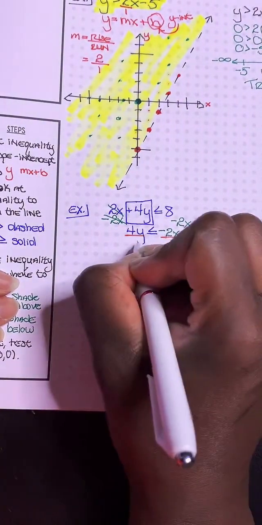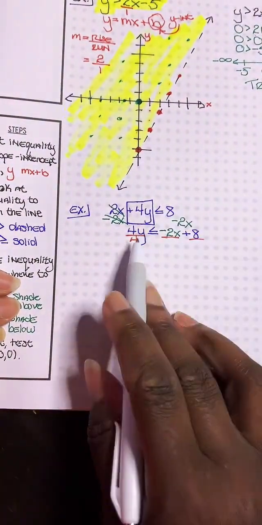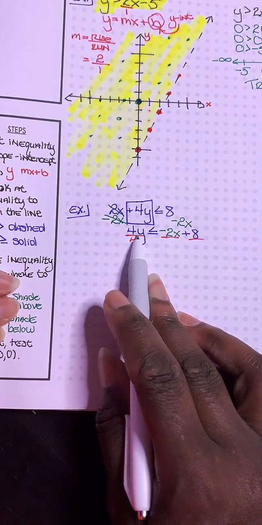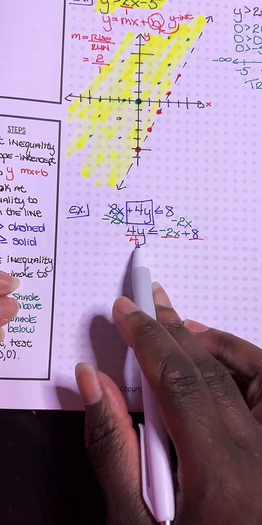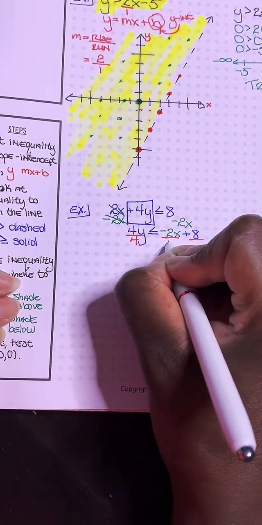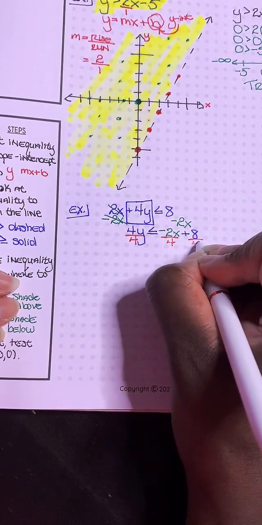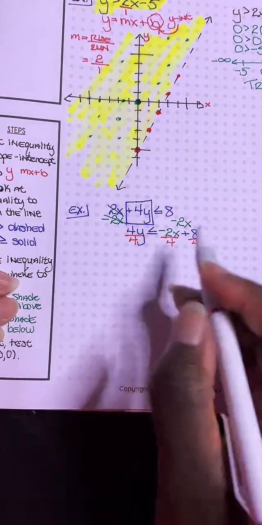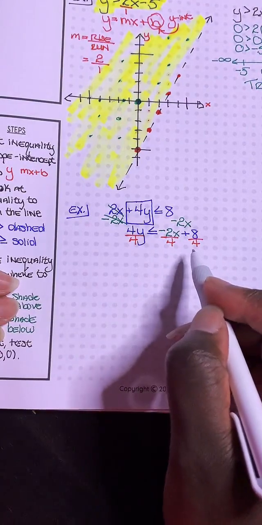So I'm dividing everything. Because if I don't see a plus or a minus between that 4 and that y, that means this is multiplication. And the inverse of multiplication is division. And I like to make sure I divide everything individually by the 4. You can draw the big line under the 4, but this is what happens.